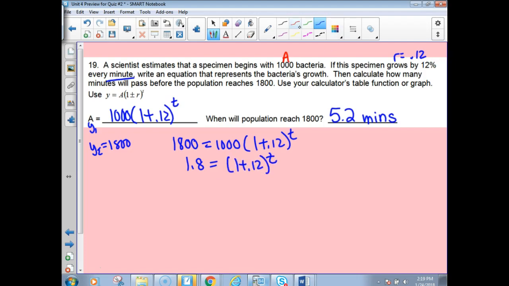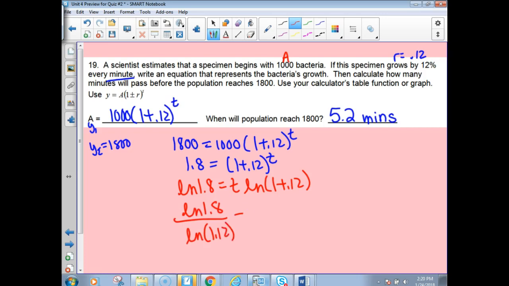How do you solve for exponents? You use logarithms. Okay, so you take the log of both sides, or the ln. I'm just doing ln because it's easier to write. Then you put the t out front. 1 plus 0.12 is a number. You can type that on your calculator. So you could type ln of 1.8 divided by the natural log of 1.12.